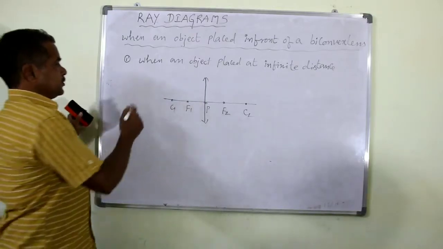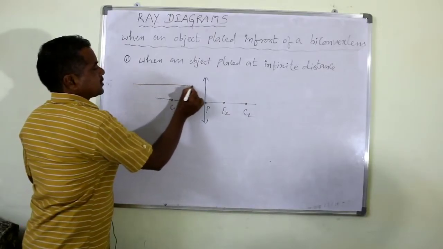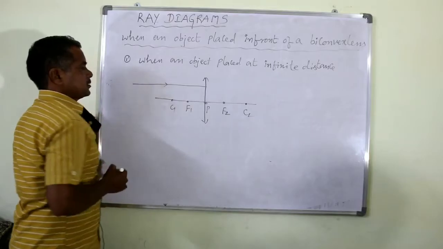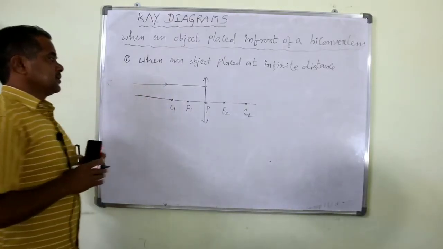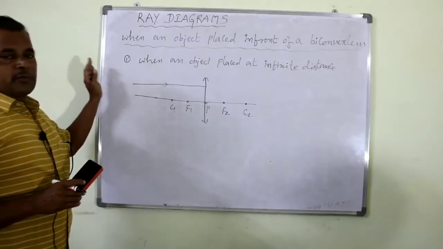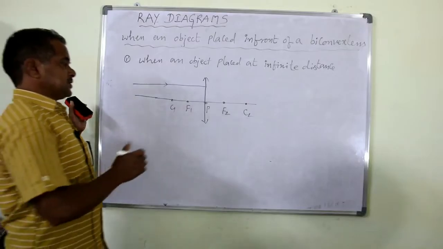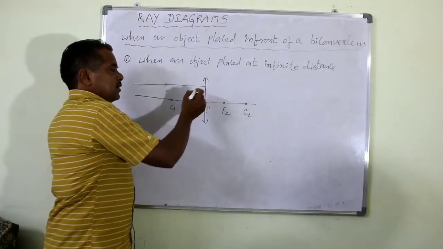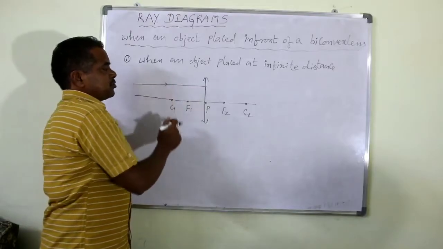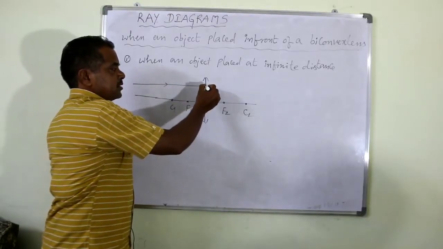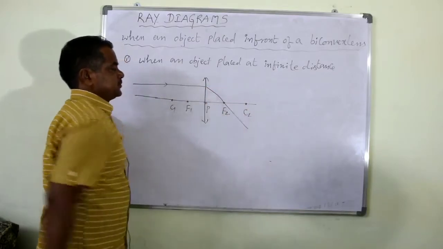So here the object is placed at infinite distance, which means the light rays which come from that object travel parallel to the principal axis. We have already known that if any light ray travels parallel to the principal axis, the corresponding refracted ray passes through the focus point.